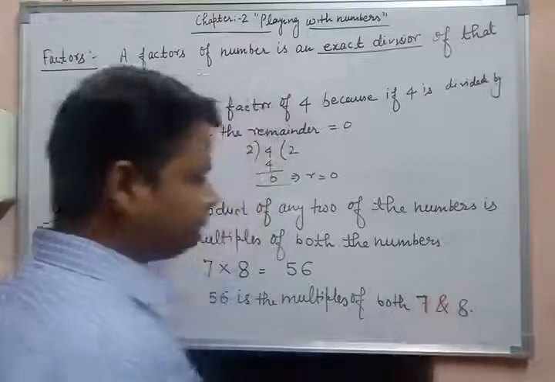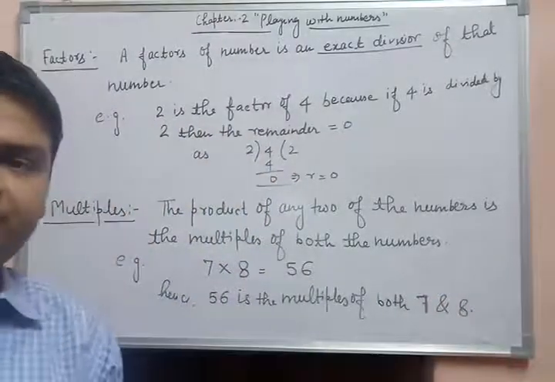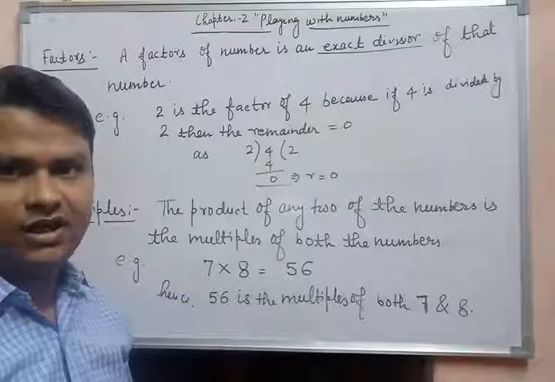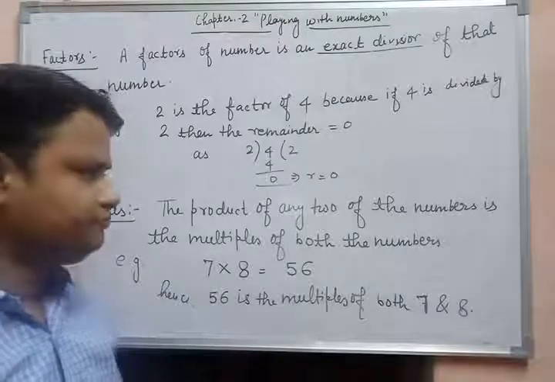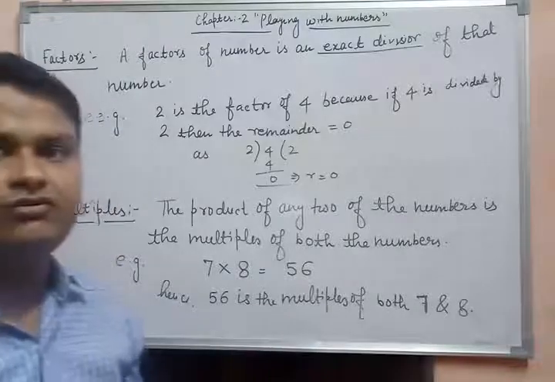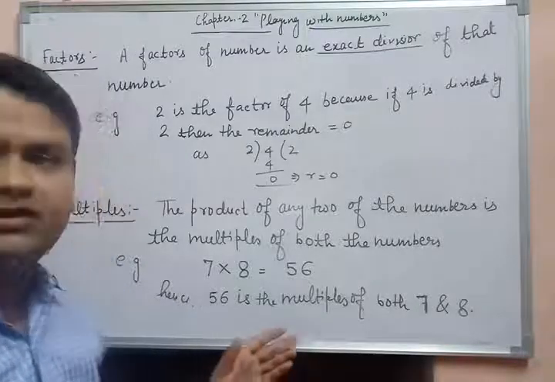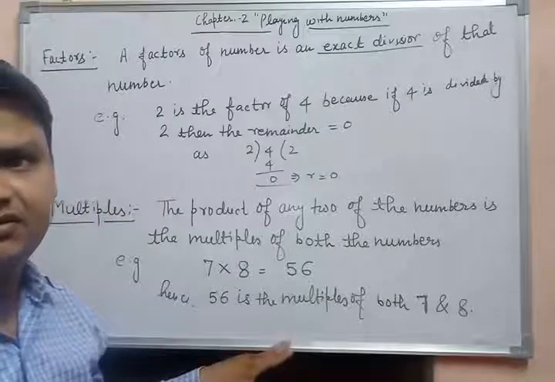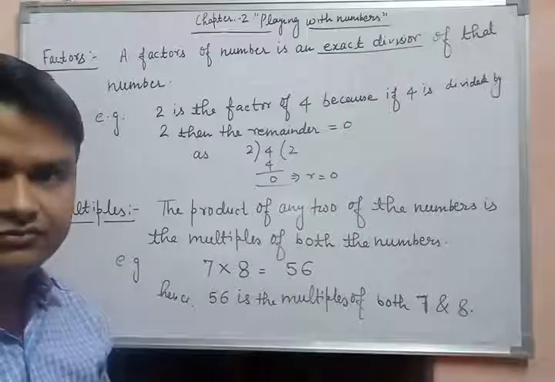Okay students, so both the definitions are very important for this class as well as after this class also. So pause the video to note it down in your copy or take a screenshot of these definitions.